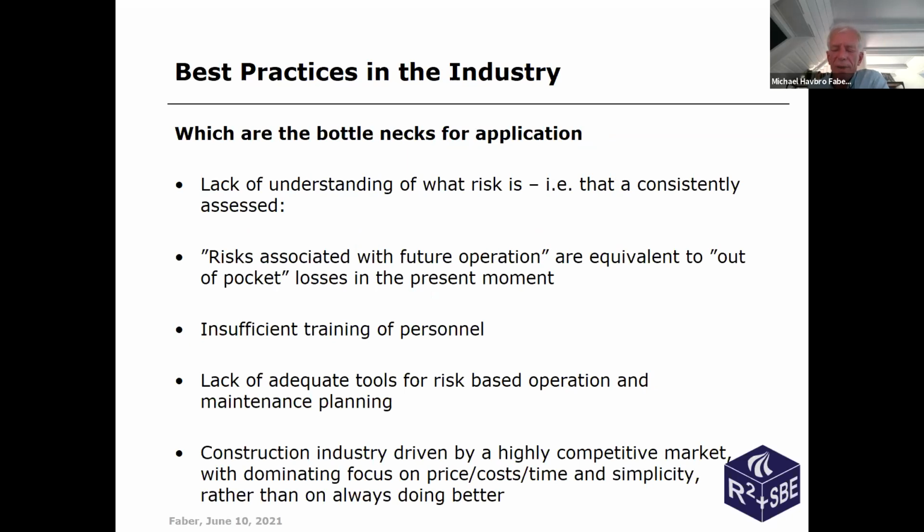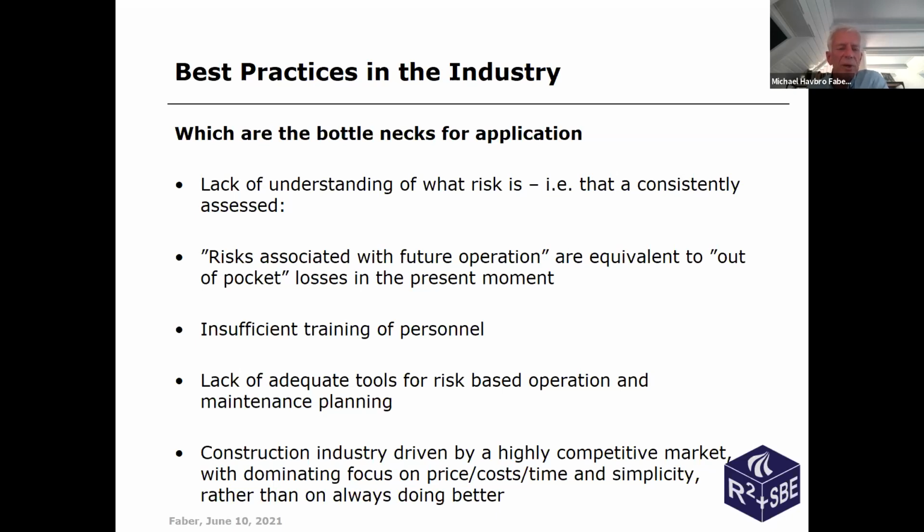This is hard for people to understand, and because of their, let's say, short period in the different functions in public authorities and in industry, they don't care too much about what happens in the future, the risks, but they focus more on the expenditures, let's say, this year and the next year.